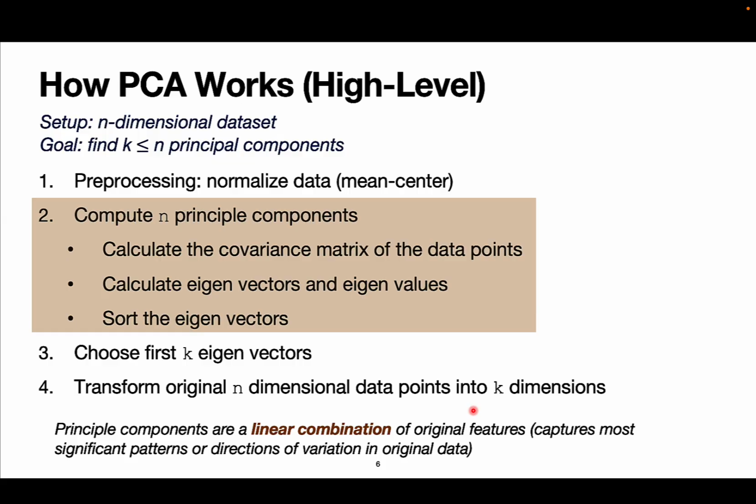First, we pre-process the data, we do mean centering, then compute the n principal components as follows. We calculate the covariance matrix, then calculate the eigenvectors and eigenvalues, sort the eigenvectors, and find those k eigenvectors that explain the variance the most. Once we have those k dimensions, we transform the data.